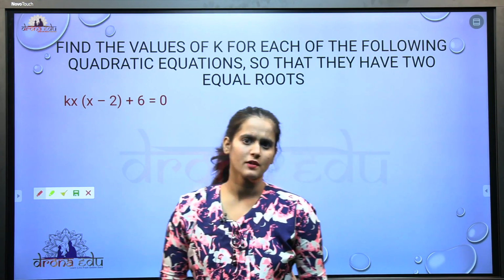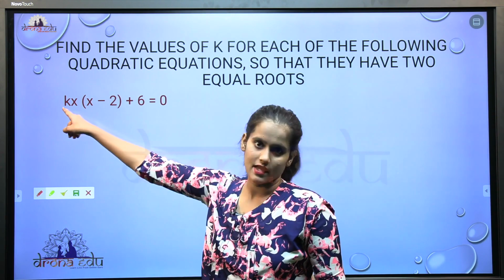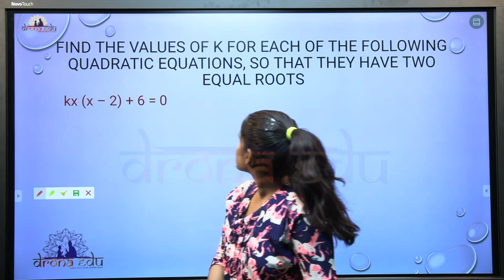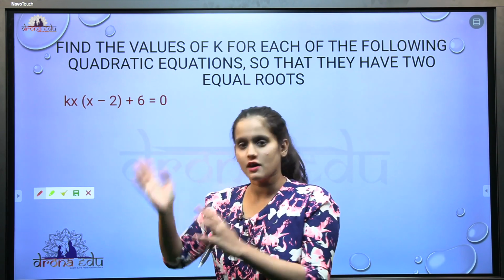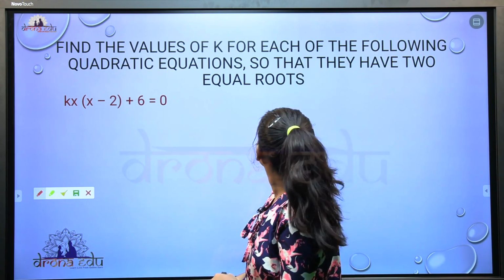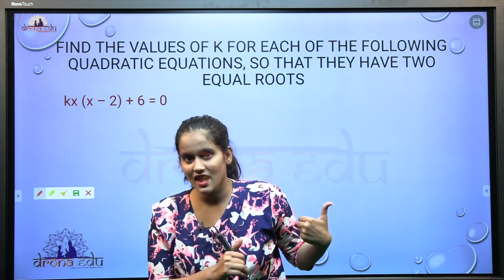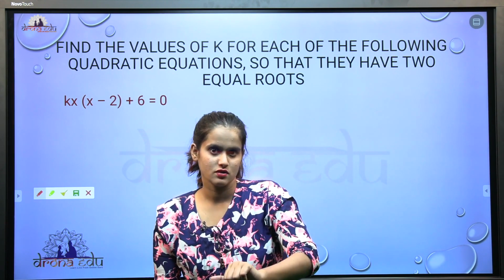One more type of problem: find the values of k for each of the following quadratic equations. The condition is given: they are having two real equal roots.